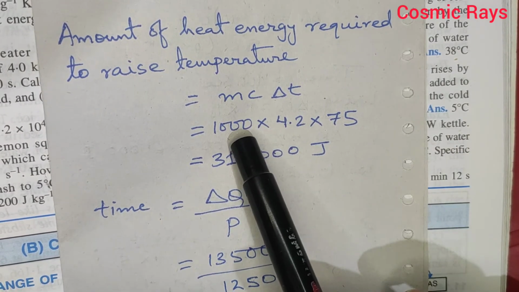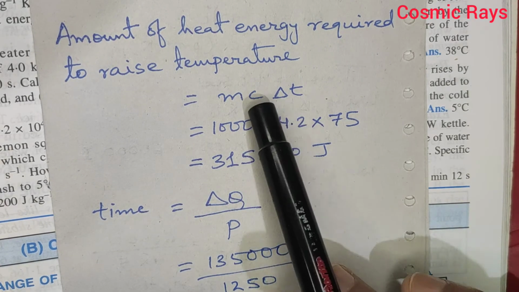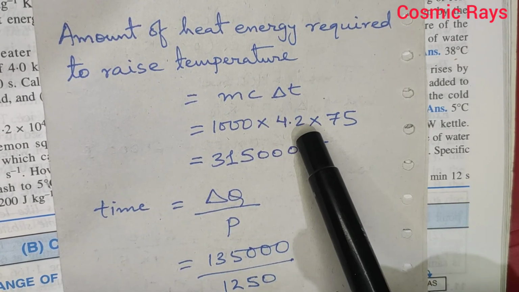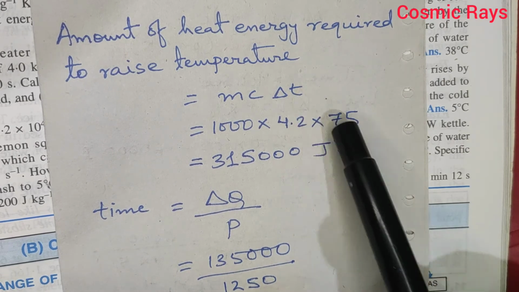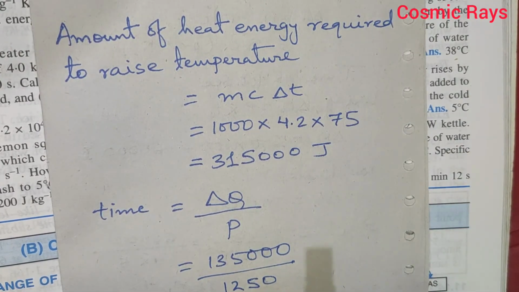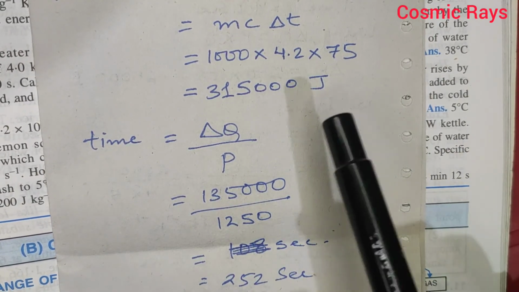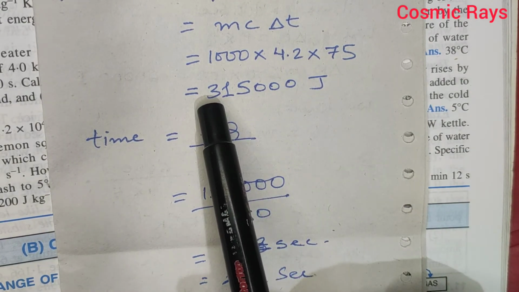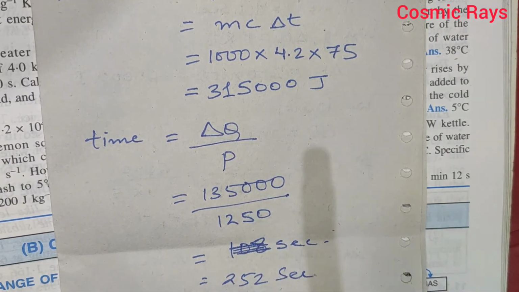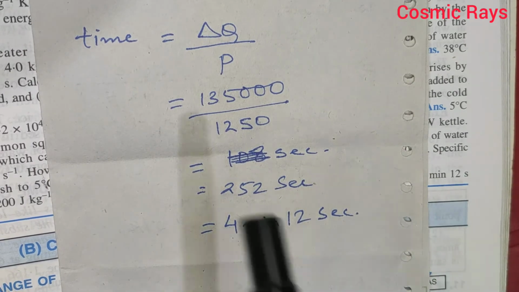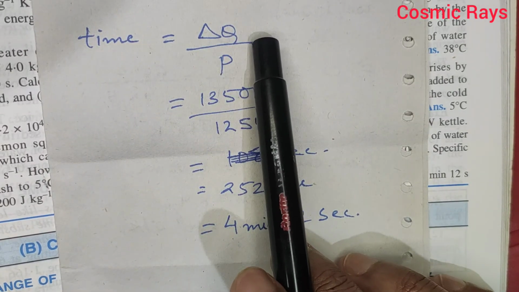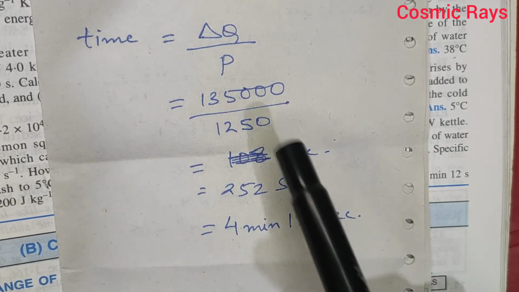So mass is 1000 multiplied by specific heat, given to us as 4.2, and change in temperature is 75. If you multiply, it comes out to be 3,15,000 joules.